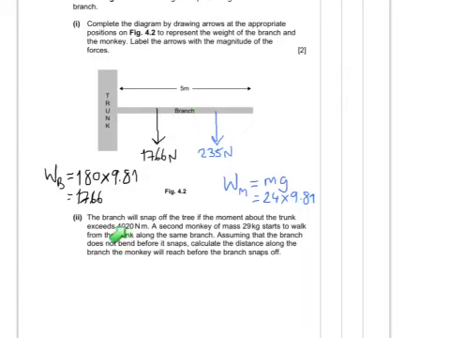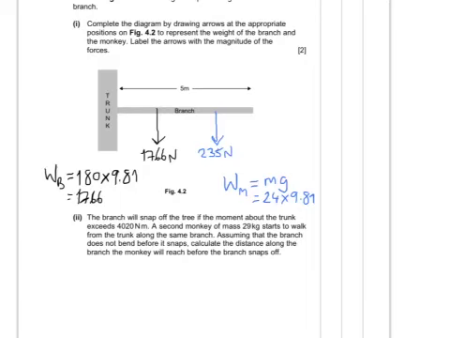Once it gets to this size of a moment, then the thing will break here. So we're trying to find where along here the monkey will be when it gets to this 4020 newton meters. So the sum of all three of the moments will then equal the 4020 newton meters. Let's take the moments separately and add them together.